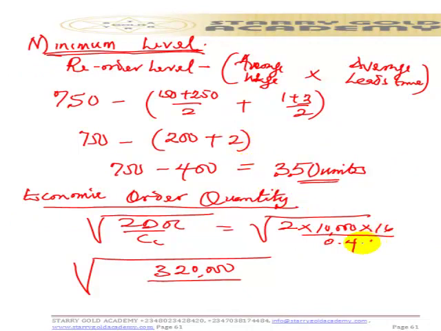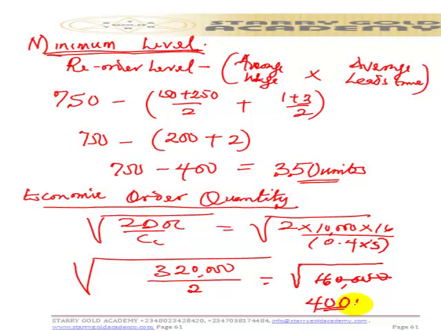So it's going to be 0.4 times 5, and that will give us 2. So the square root of this will give us 160. Square root of 16 is 4. Square root of 100 is 10. So that will give us 400 units.